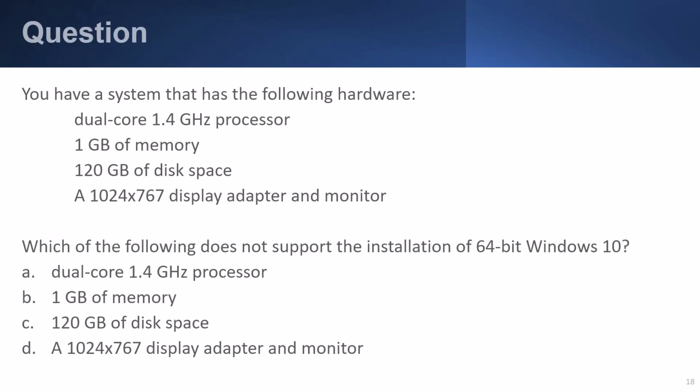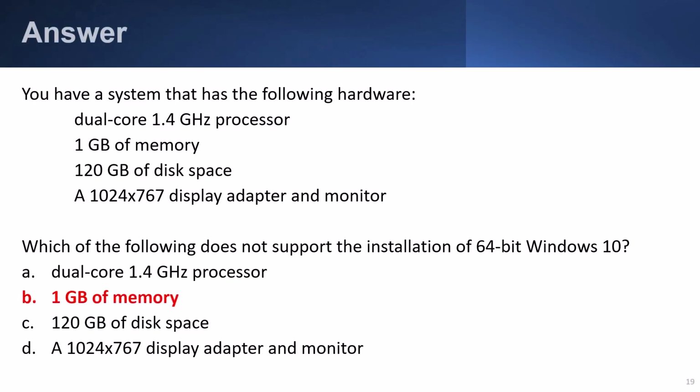Question: you have a system that has the following hardware: dual-core 1.4 GHz processors, 1 GB of memory, 120 GB of disk space, and a 1024 by 767 display adapter and monitor. Which of the following does not support the installation of 64-bit Windows 10? Answer: 1 GB of memory.